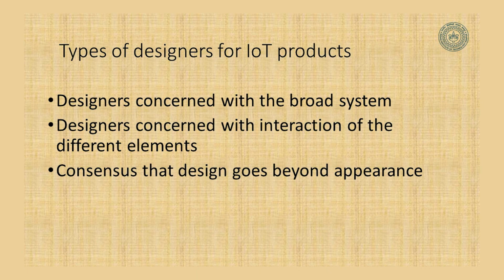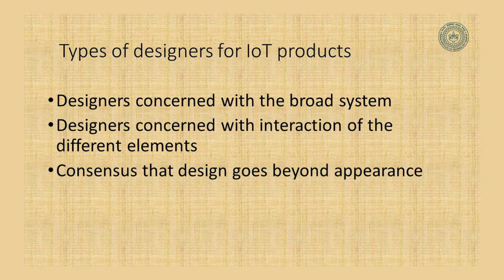So there are various types of designers for IoT products. There are designers who are concerned with the board system, the overall architecture of the board system. Some designers may be concerned with the interaction of the different elements. How do the different elements talk to each other, and how do we use that interaction to achieve some functionality?